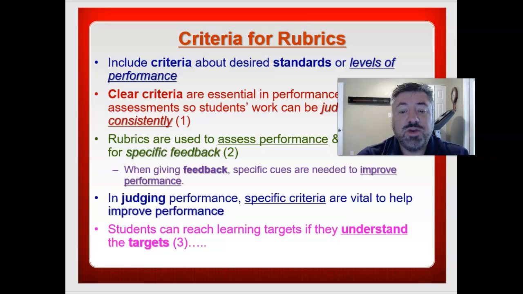Students can reach learning targets at a higher level if they actually understand what the targets are. Hey, we're shooting free throws today, or we're going to use correct form to shoot free throws today, focusing on our stance and our follow-through. All right? So a rubric provides those specific targets and gives students or performers something to actually challenge themselves and aim for.